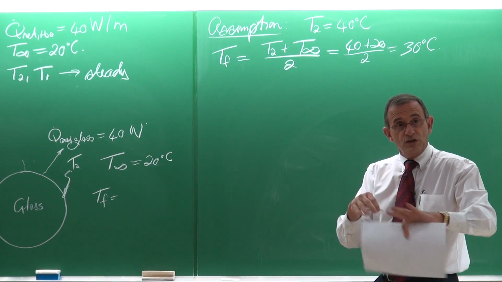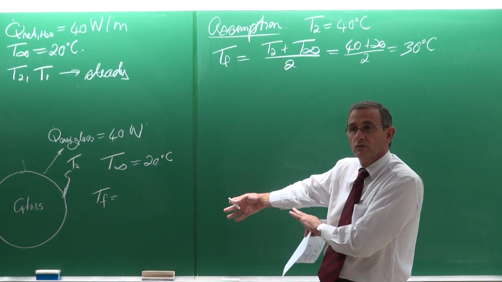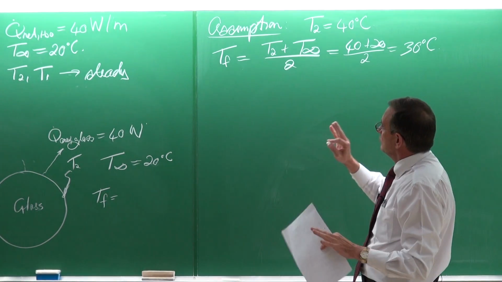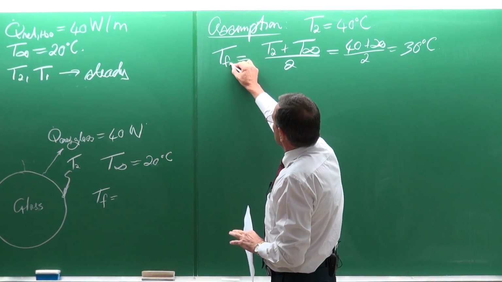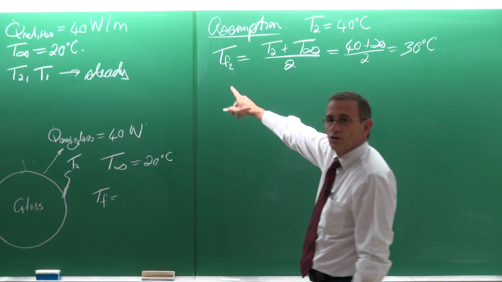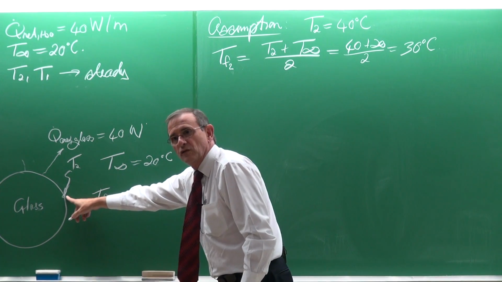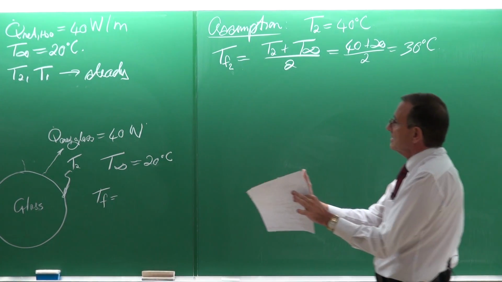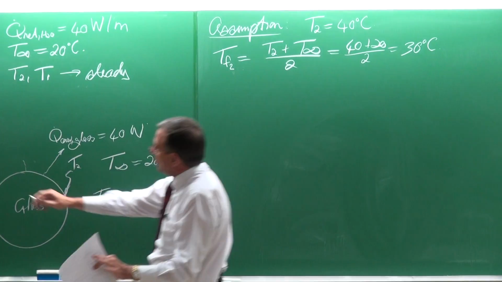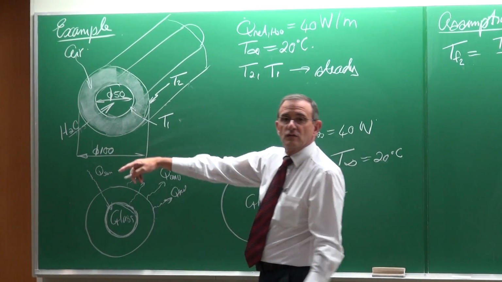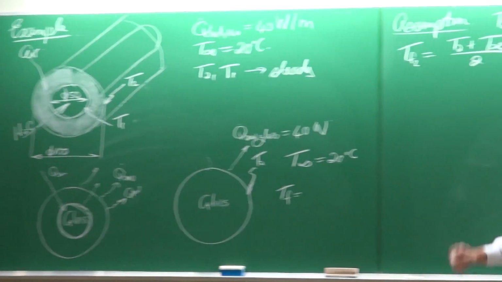Because this can be so confusing, and when I prepared for this, there were a few times that I've made some mistakes. So to be consistent, let's call that 2. To indicate the film temperature at surface 2, the outside surface. So the outside surface of the glass is 2, and the inside surface of the aluminium is 1.